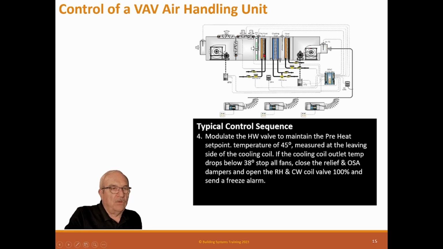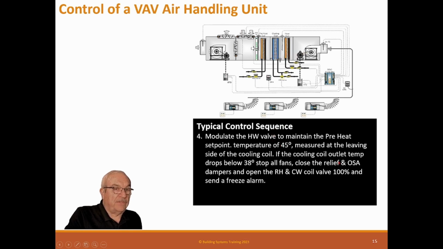So this coil is designed to preheat the outside air, because if it's 20 below zero, we don't want that cold of air coming in and hitting a coil. It'll freeze up a coil. So what we want is for this to maintain 45 degrees measured right there. And we can do that because that's the set point of this coil. So this heat here heats it up to whatever the cooling set point is, so then we don't waste any energy. And if it needs more heat, this coil can put in more heat.